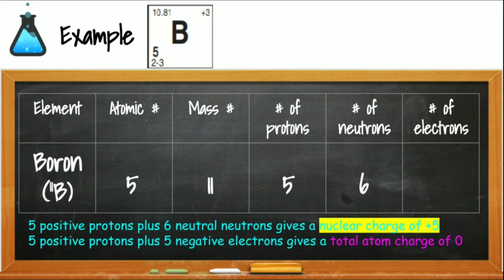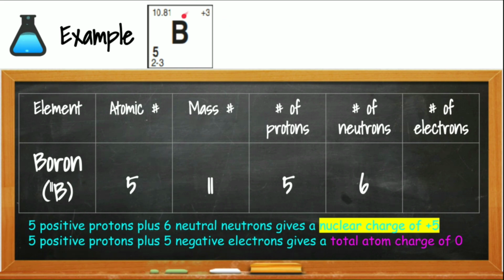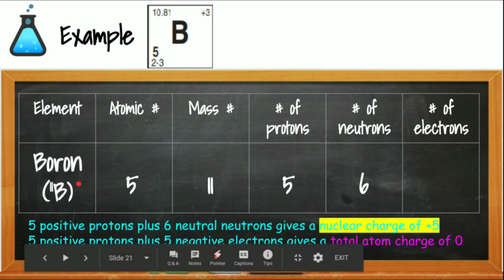The number of electrons is either the sum of the electron configuration, which is 5, or you can just take the number of protons when you're dealing with an atom. Again, we know it's an atom because there's no charge here. We can see that if boron had a charge, based on the periodic table, it would likely be a positive 3. But our symbol has no charge, so the number of electrons is 5.